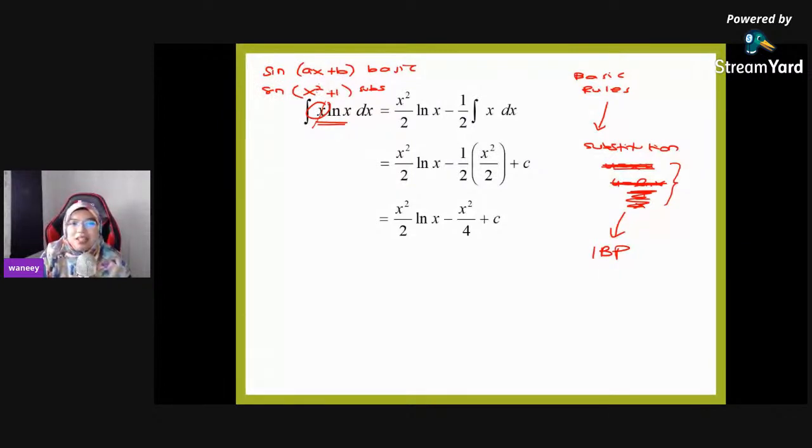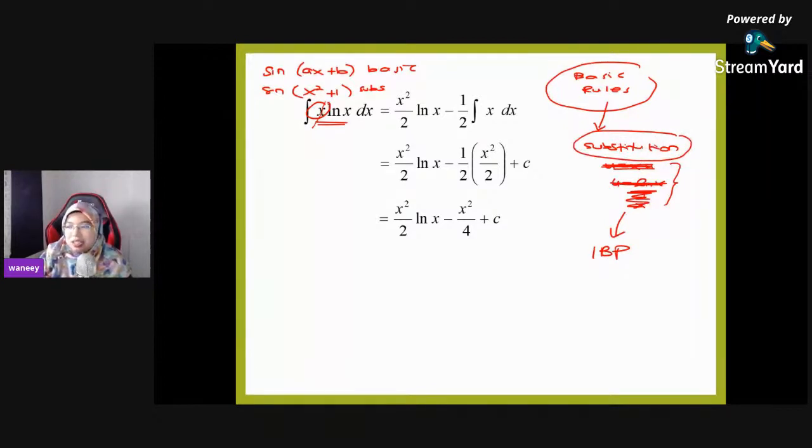But from there you can see. It is also based on experience. For you, the experience is still far off, 13 years. So I would advise you to refer to your basic rule first. If you don't see it inside your basic rule, then try substitution.